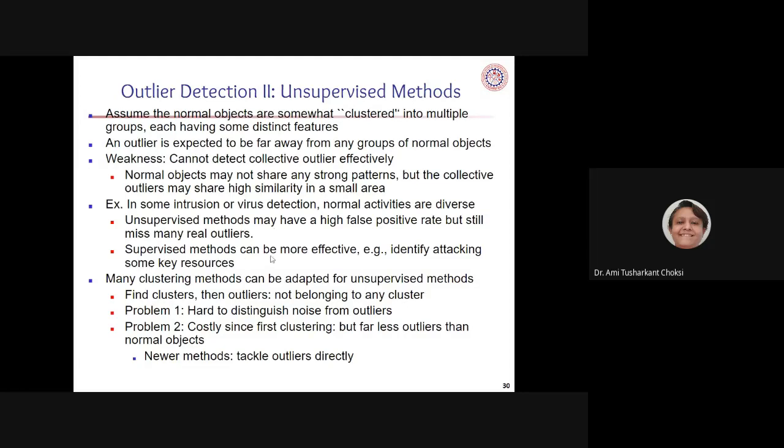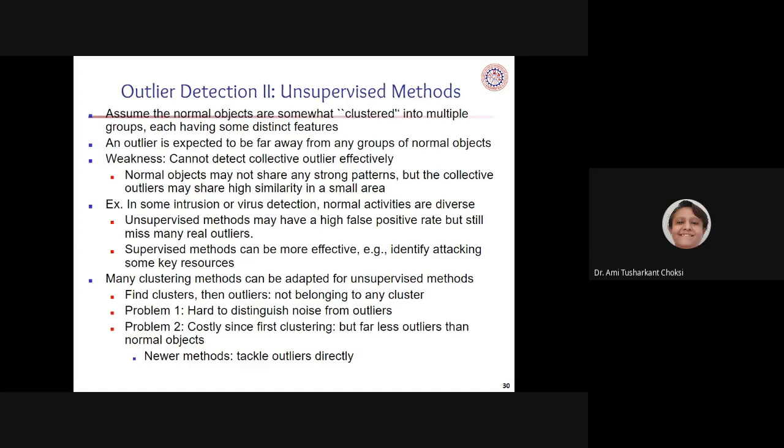Supervised methods can be more effective, for example, identifying attacks on some key resources. So many clustering methods can be adapted for unsupervised methods. Find clusters, then outliers are those not belonging to any cluster.